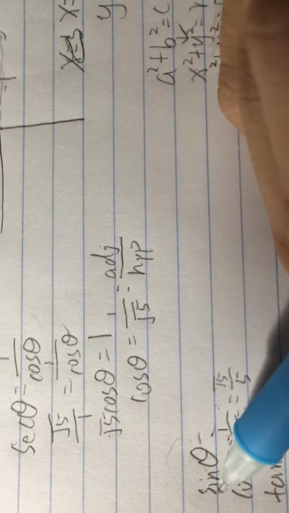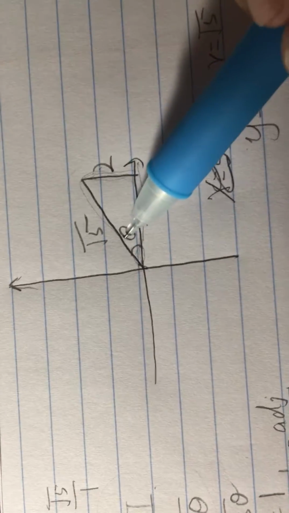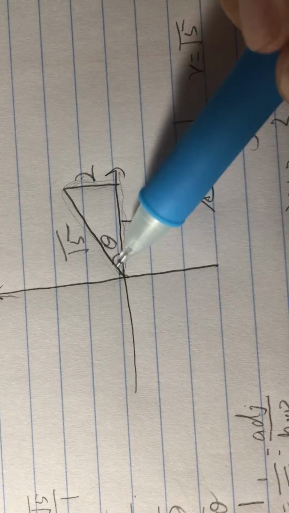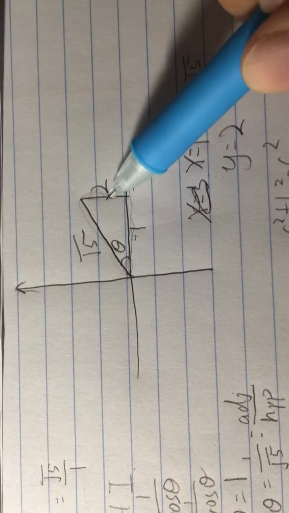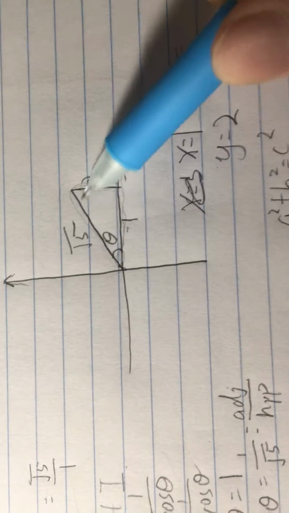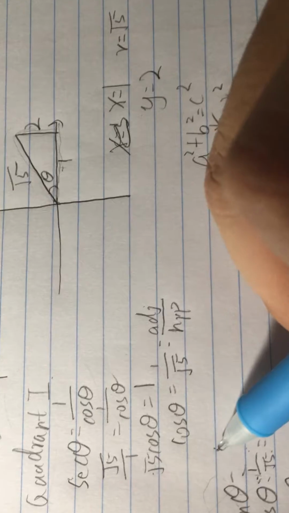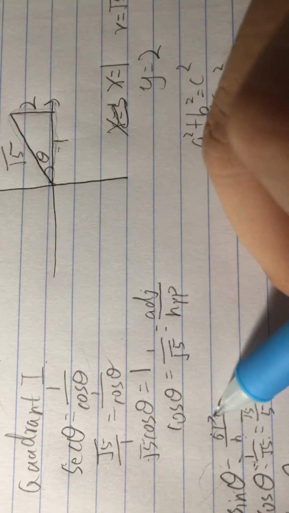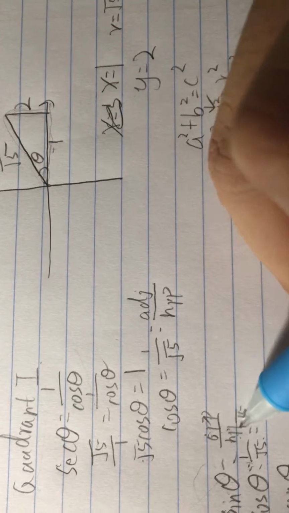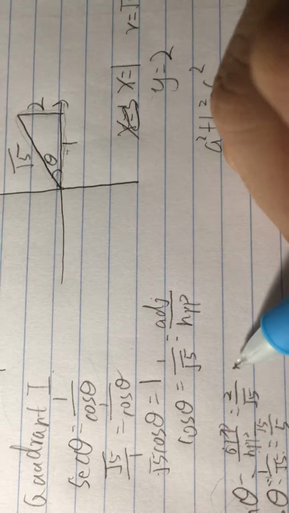So let's figure out the first one, which is sin theta. As we know in the trigonometry equation, the sin theta should be the opposite side over the hypotenuse side, which we put the numbers in as 2 over square root of 5.